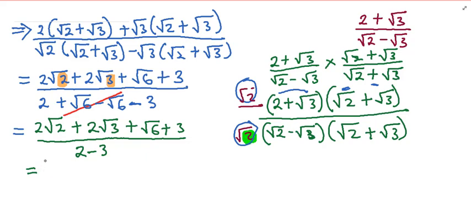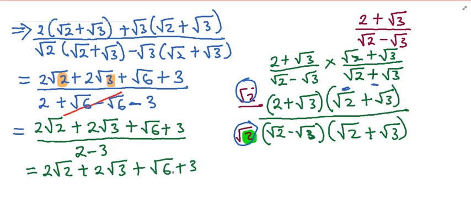Okay, negative 1. So 2 root 2 plus 2 root 3 plus root 6 plus 3 all divided by minus 1. And that's it.